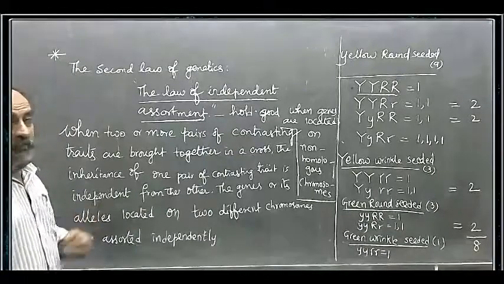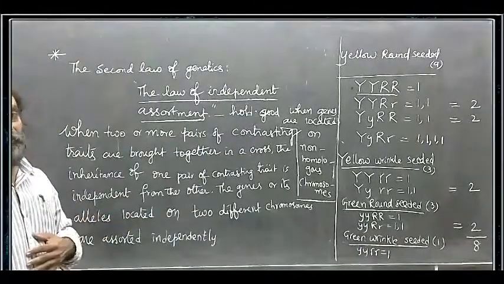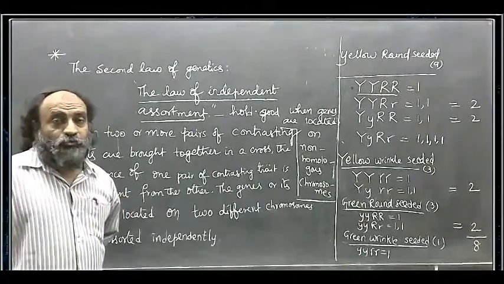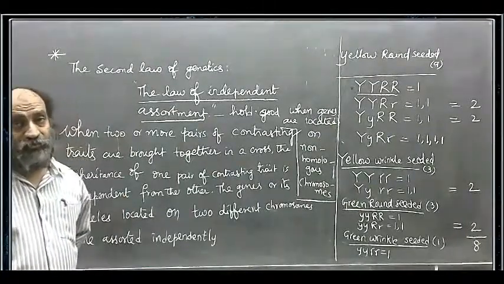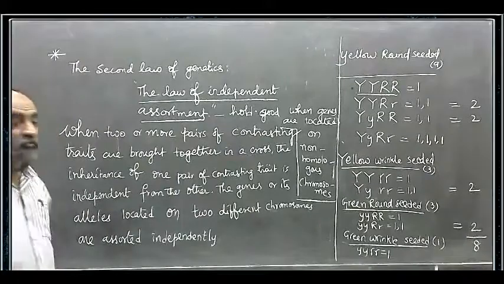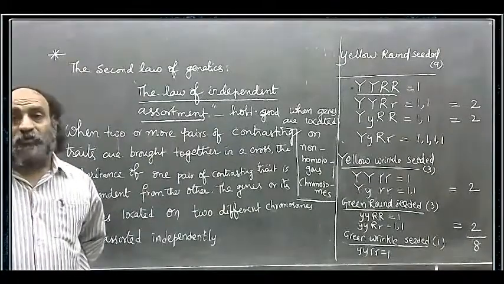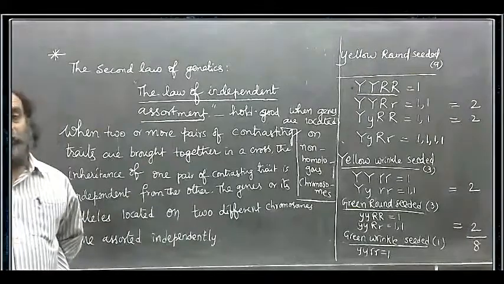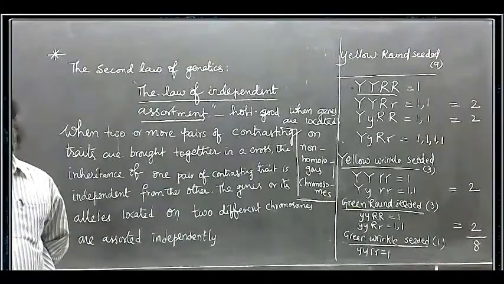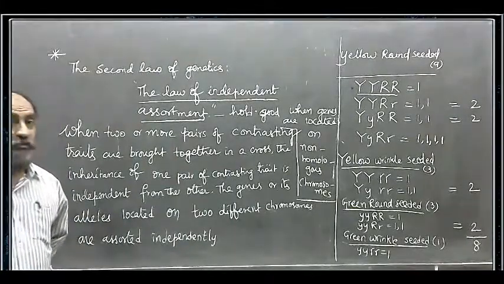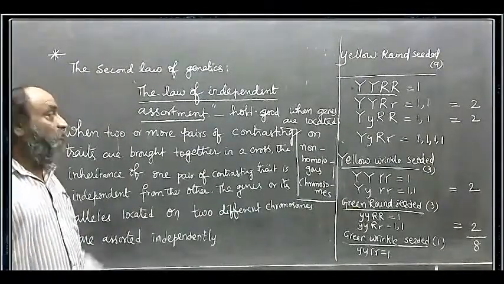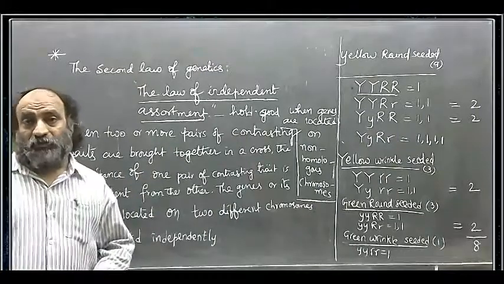This is possible because the genes or its alleles are located on two different chromosomes. That is, the genes for color of the seed are located on the first pair of chromosomes, and for the shape of the seed on the seventh pair of chromosomes. That is all about the dihybrid cross.